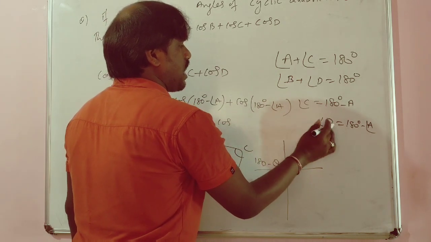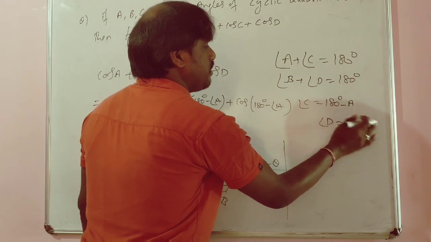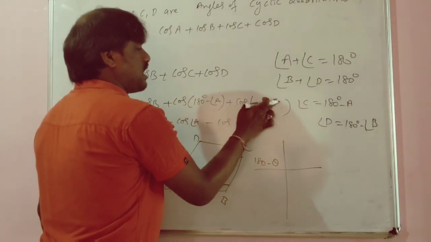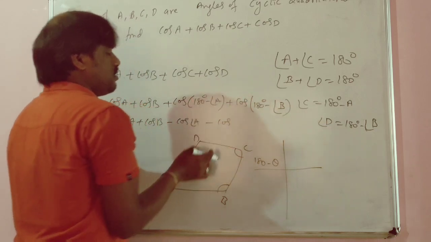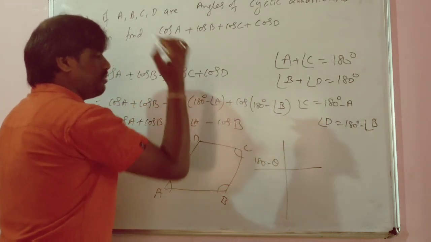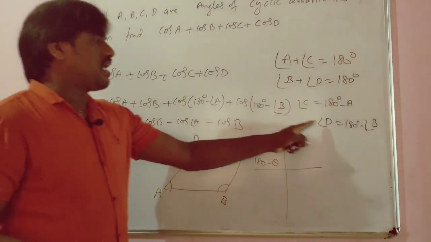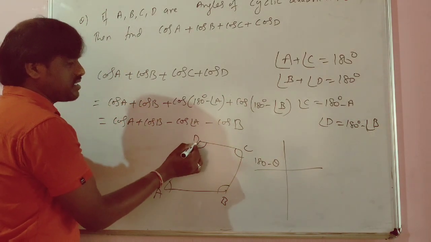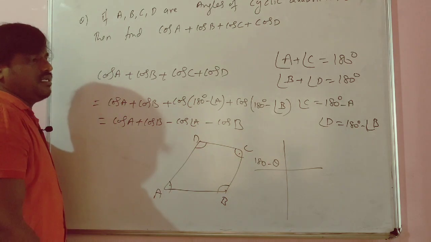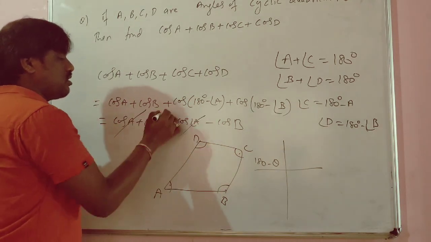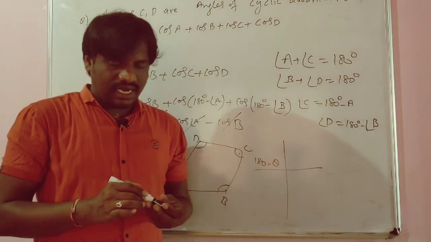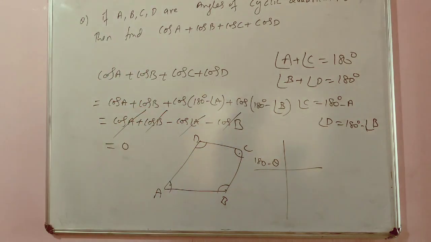So angle D is 180 minus angle B, and here I am going to get minus cos B. So angle B plus D is 180, angle A plus C is 180, so cos A and cos B cancel, and the answer is 0. Likewise, most of the allied angle problems will be solved in this way.